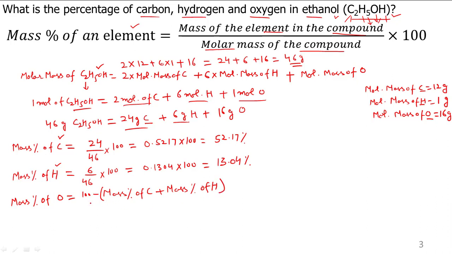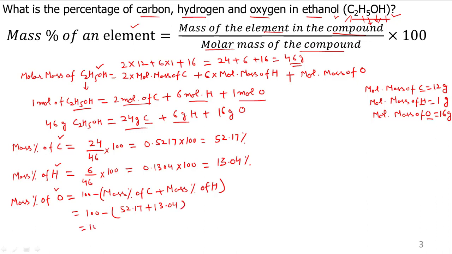If we subtract the mass percentage of carbon and hydrogen from 100, we will get the mass percentage of oxygen. So it is 100 minus, mass percentage of carbon is 52.17 plus mass percent of hydrogen is 13.04.